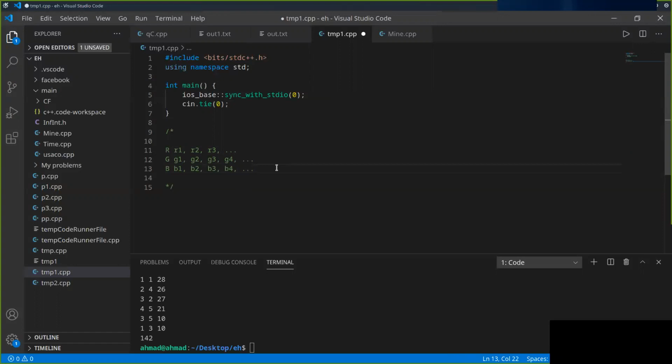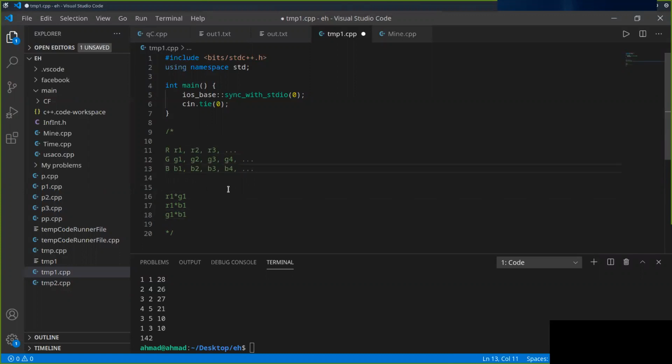But how to determine which two to get? For the first index, we have three pairs. We could get R1 times G1, or R1 times B1, or G1 times B1. We have three possibilities.